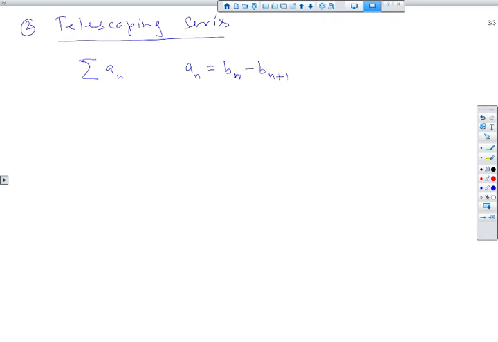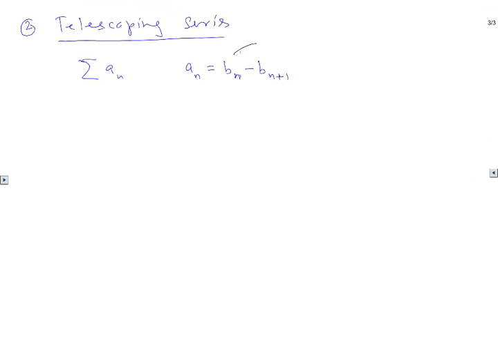So you can write this as a difference of two consecutive terms. So if that is the case, something interesting happens.